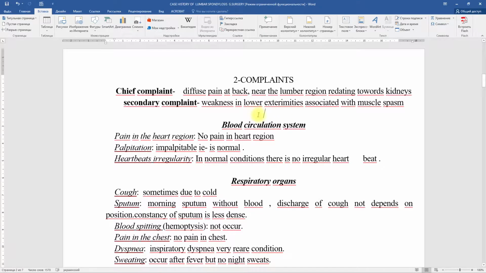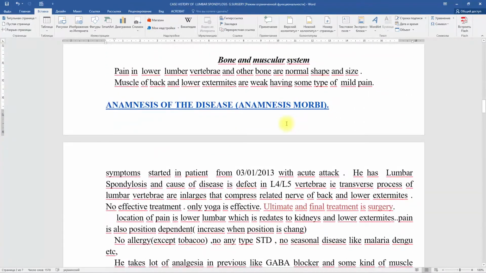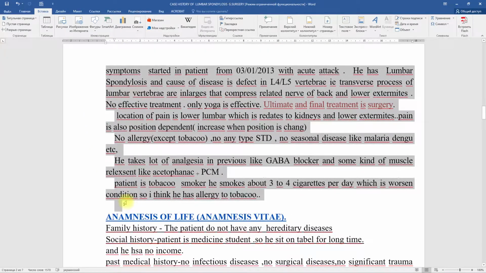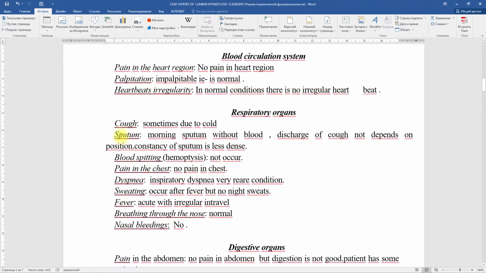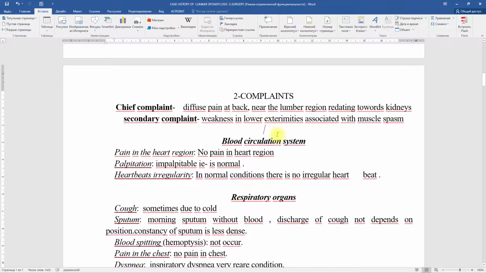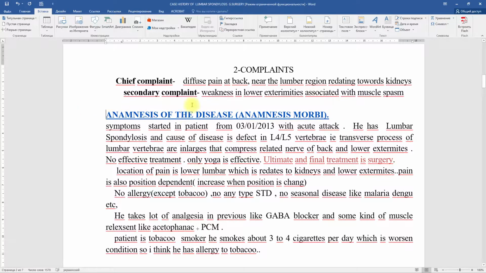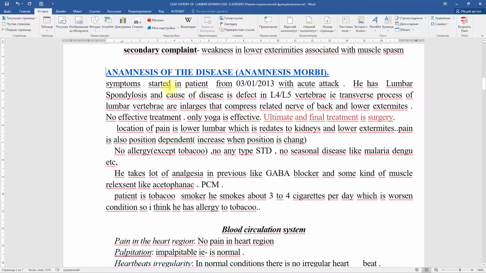In this part, after complaints, you have to write down this part, anamnesis of the disease. Here it goes, right here. So symptoms started at that date.